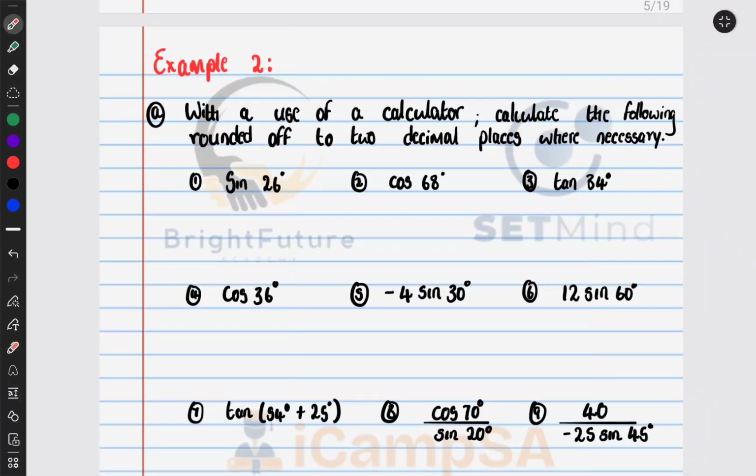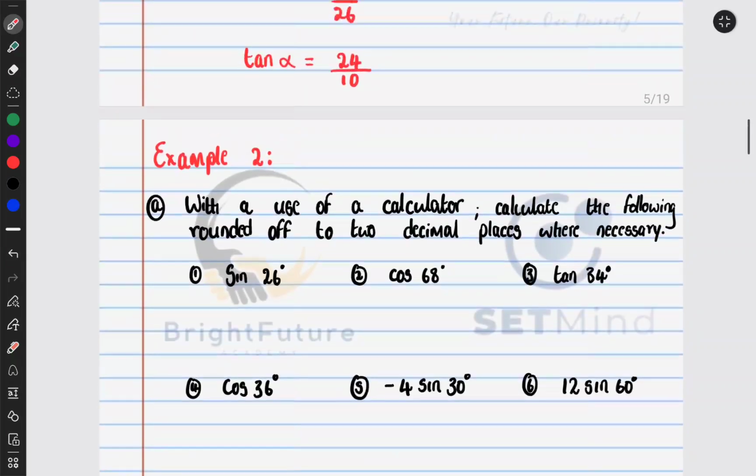You just punch sine 26, close the bracket, and make sure that whenever you are using a calculator to evaluate the ratios for these angles, your calculator is in degrees. That D there, you have to set the mode to degrees. So let me quickly write that.